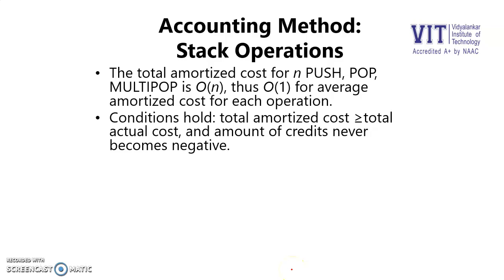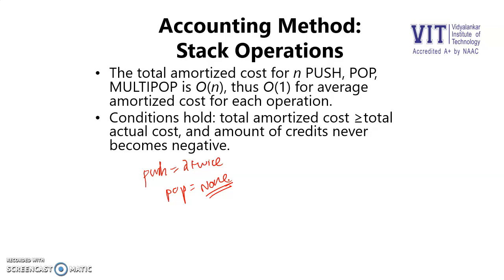Now the logic is like this, please try to understand. For push operation I am charging twice, like $2. But for pop I am not charging any, none. Multi-pop involves n number of pops, or minimum of S comma K number of pops. So even for multi-pop I am not charging any, correct?